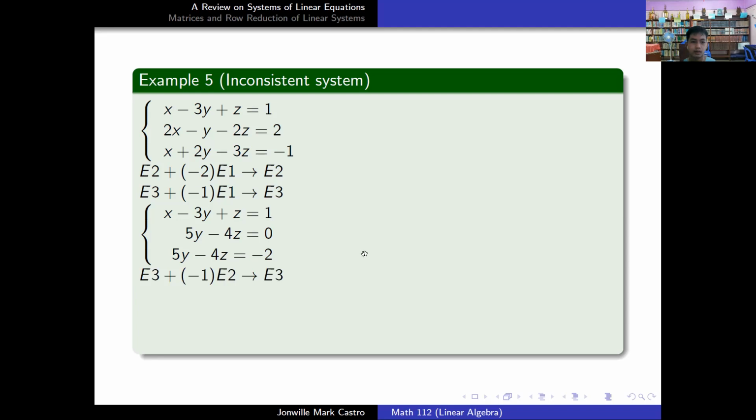So pag gagamit tayo ng operation na eliminate natin yung isa, magkakaroon tayo ng 0 equals negative 2, which is impossible. So therefore, this system has no solution and it is an inconsistent system. Okay? So, yung sa linear equations, systems of linear equations natin.